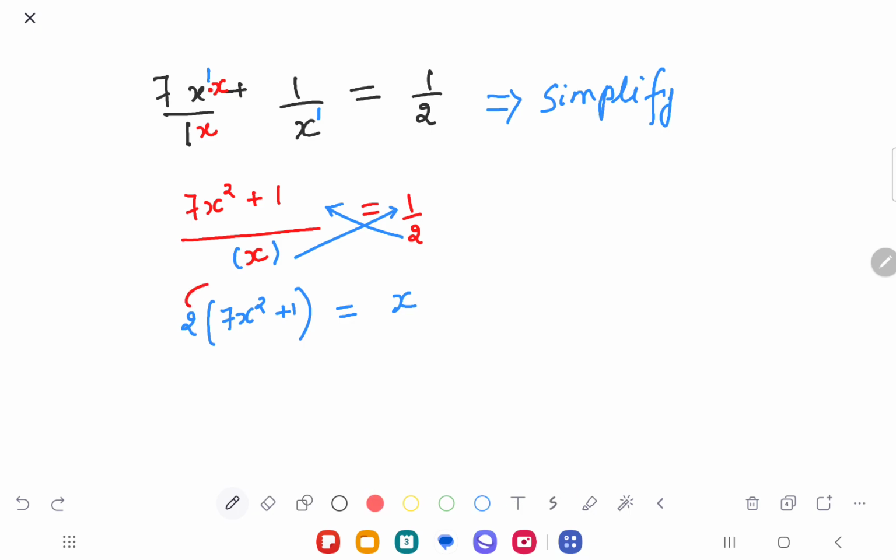And now it becomes 2 times 7, which is 14x square, and 2 times 1, that shall become 2, and it shall become x. One side of the equation I generally prefer to become 0. So I will take everything on one side. I will bring down this x right here. So 14x square minus x plus 2 shall become 0.